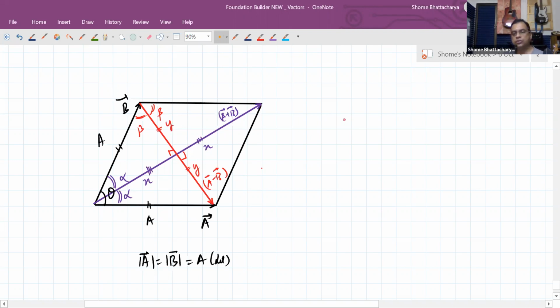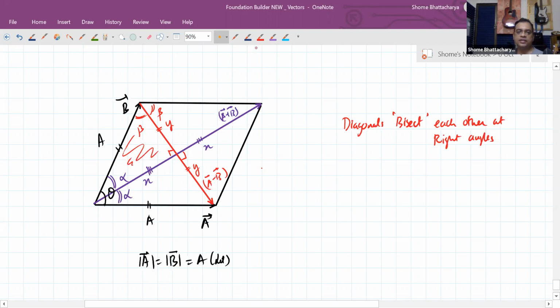Okay, so use the fact that the diagonals bisect each other at right angles. And of course we've already used the fact that they are the angular bisectors.